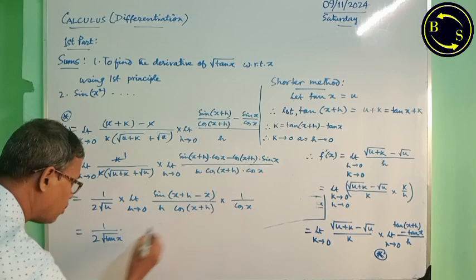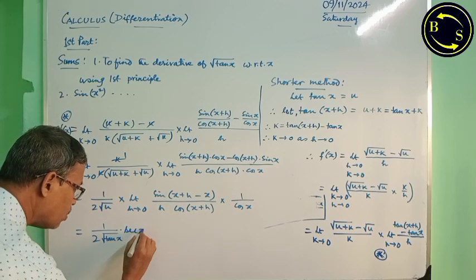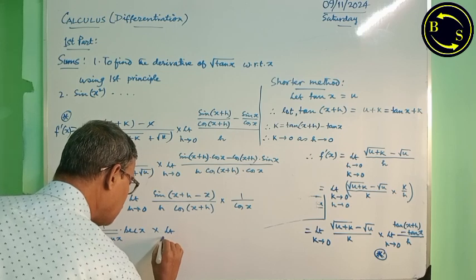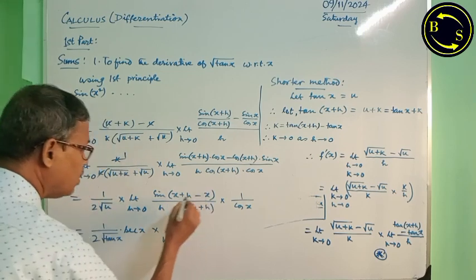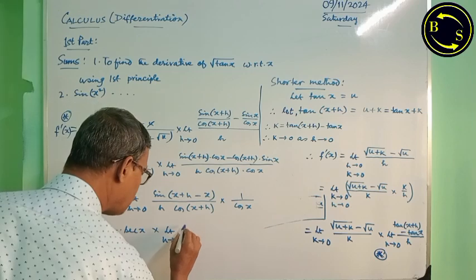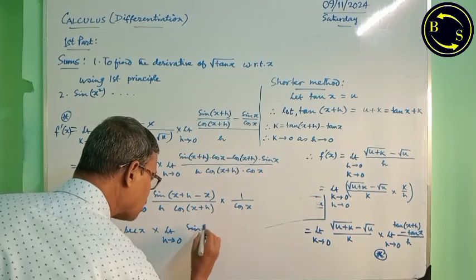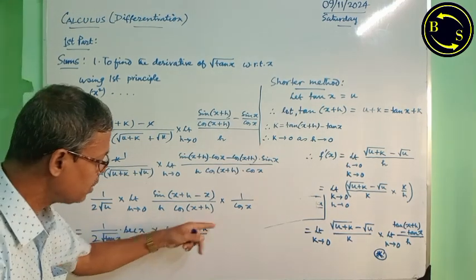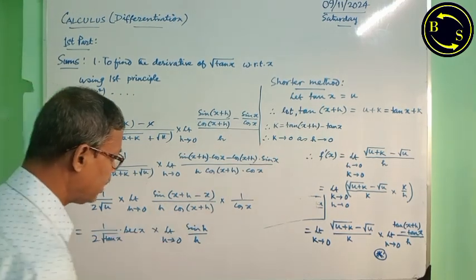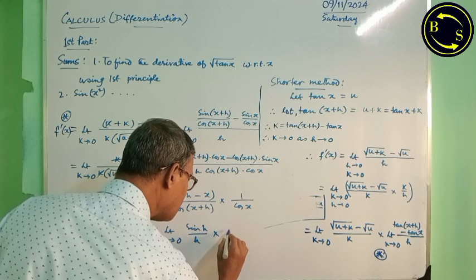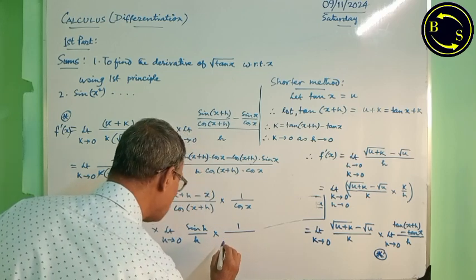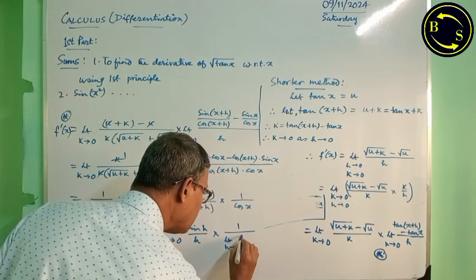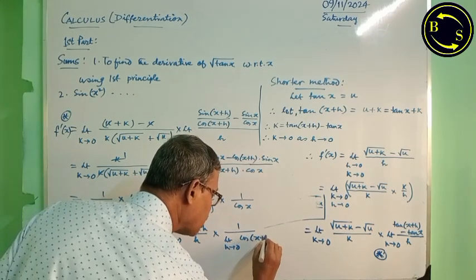Into 1 by cos x, which is sec x, into limit h tends to 0. This is sin h by h, therefore we are getting the standard limit sin h by h, into 1 by cos of x plus h. Applying the theorem of limits, we can write limit h tends to 0 of cos of x plus h.